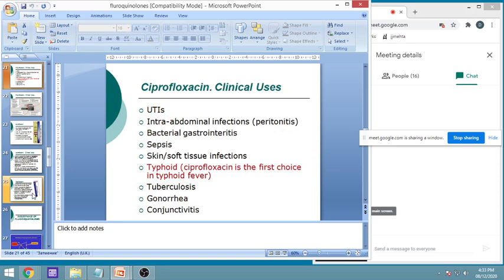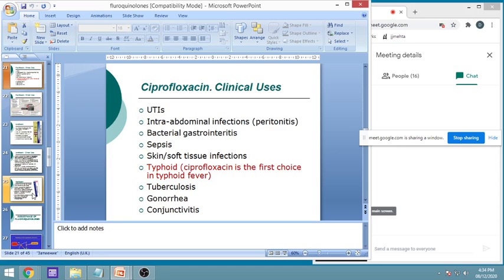Then next is ciprofloxacin. Clinically it is used in various urinary tract infections. It is used in intra-abdominal infections like peritonitis, bacterial gastroenteritis, sepsis, skin and soft tissue infections. In typhoid, ciprofloxacin is the first choice. If you remember, we discussed during chloramphenicol that once upon a time, almost 10 to 15 years back, chloramphenicol was the drug of choice for typhoid fever, Salmonella typhi, but nowadays ciprofloxacin is the first choice in typhoid fever.